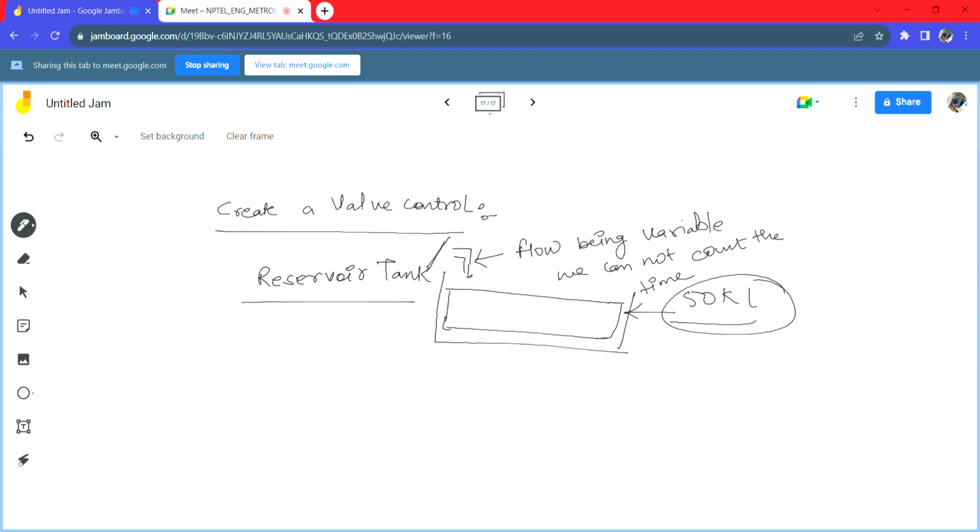So what are the different aspects to this? First is a system to measure the tank being filled.